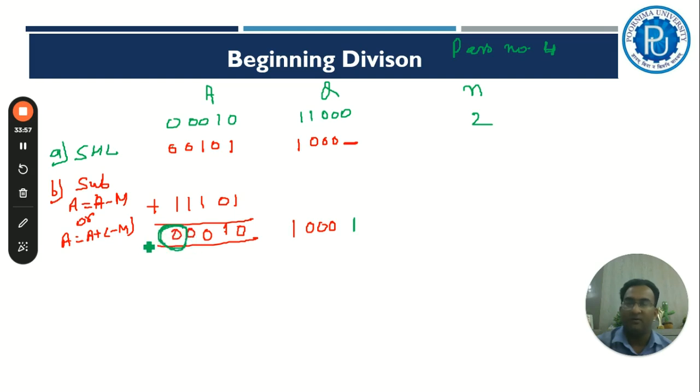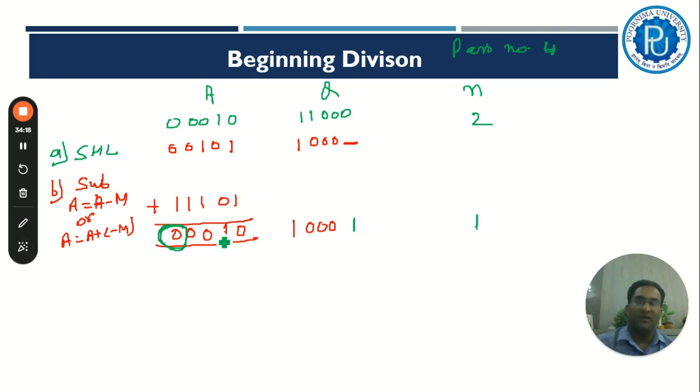That's why the algorithm says that whenever the MSB of the accumulator after the subtraction process is 0, the Q naught bit of the Q register, that is the LSB, will become 1, and the value of N will be decremented by 1.